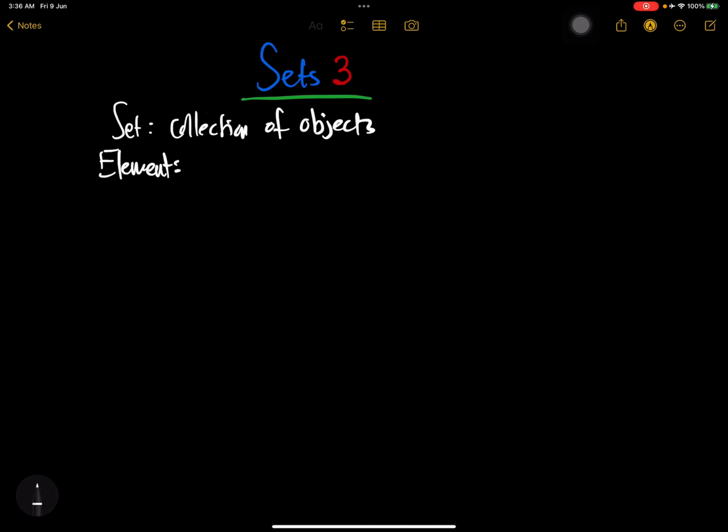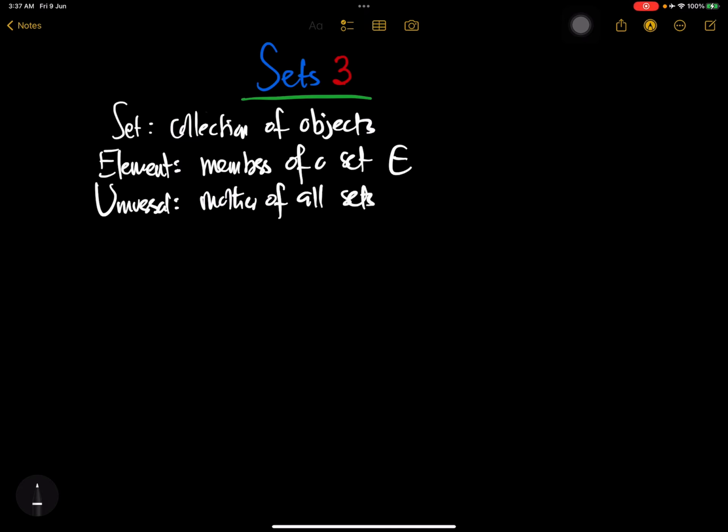They are members of a set, and it is denoted by this symbol. And we also looked at the universal set, the mother of all sets, and it's also denoted by something like this or that.